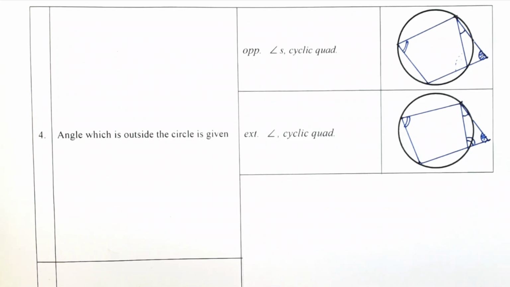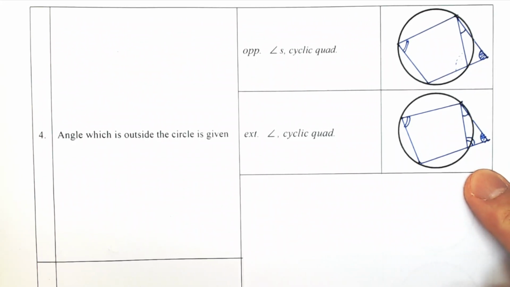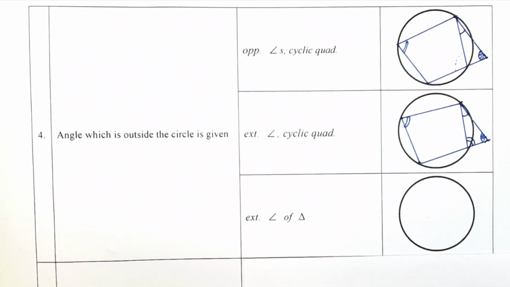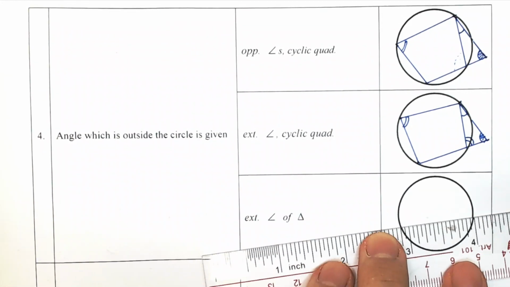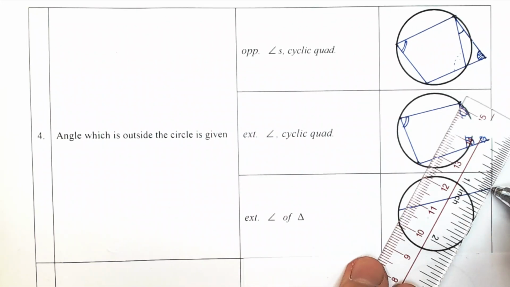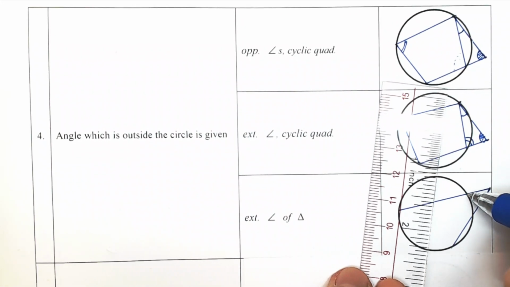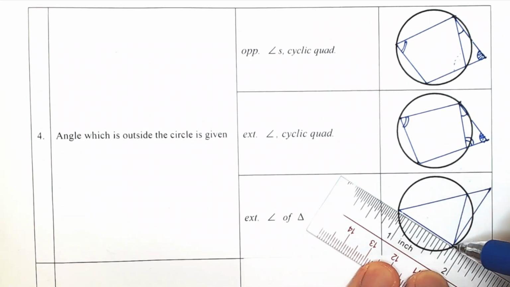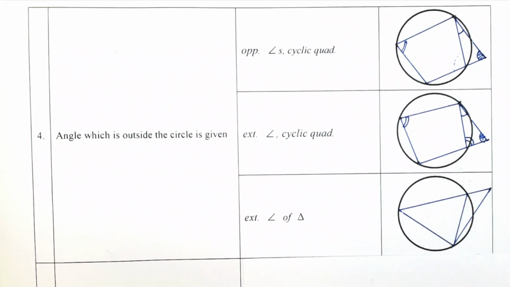Number 3, you may think that, oh, if there's no cyclic quadrilateral given in the figure, but then there's still an angle given outside, then you may need to consider to use exterior angle of triangle. Because sometimes you will be given a figure like this.